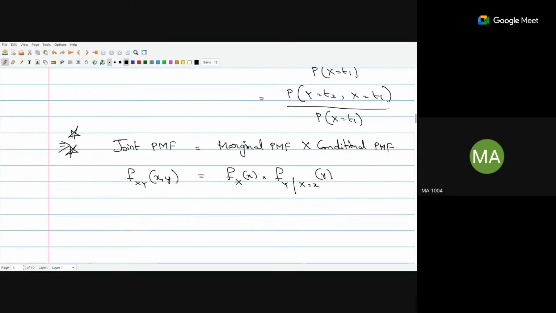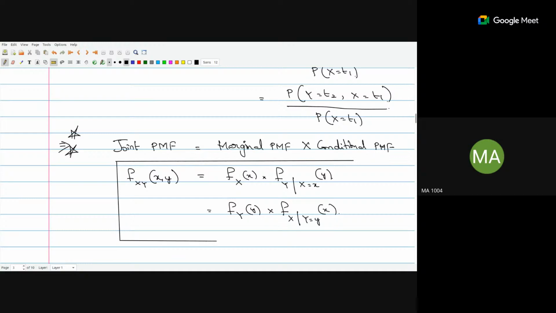If you are conditioning on x, it is this; if you condition on y, it can be written as f_Y of y times f_X given Y equal to y. So it can also be written like this. This is an important formula.